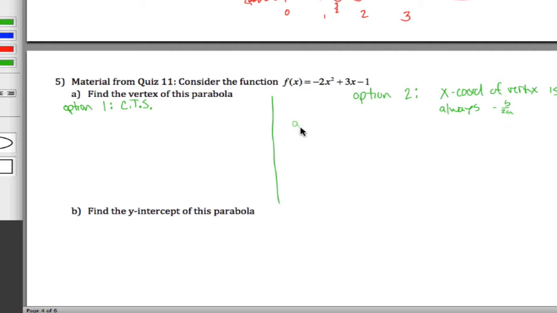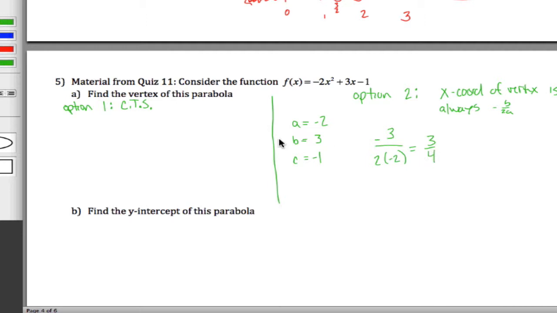What I'm saying is that if a is the coefficient on your x squared term, b is the coefficient on your x term, and c is your constant term. Negative b divided by 2a, negative 3 divided by 2 times negative 2 is 3/4. Negative over negative is positive. 2 times 2 is 4. This is the x-coordinate of my vertex.